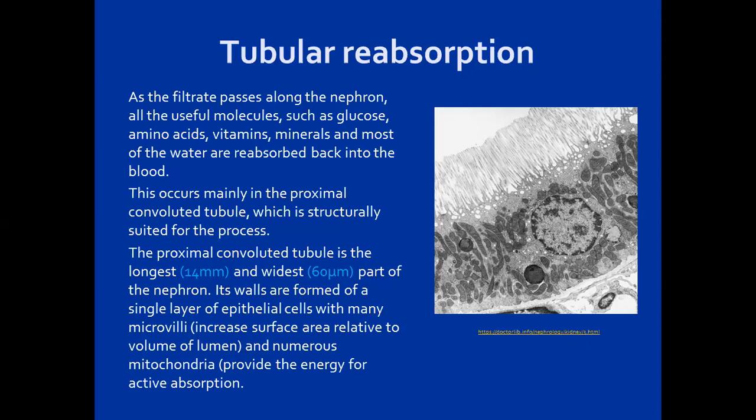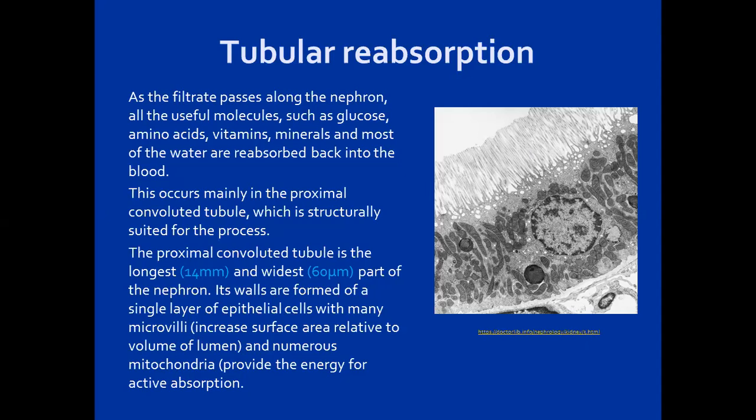Obviously I typed an O instead of a 0 there. Sorry guys, that's meant to be 60. Its walls are formed of a single layer of epithelial cells with many microvilli. Remember, look at the micrograph, many microvilli, that also increase the surface area relative to the volume of the lumen.